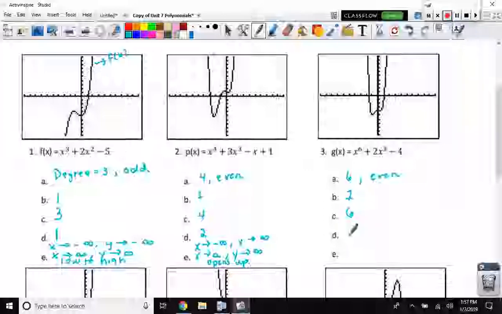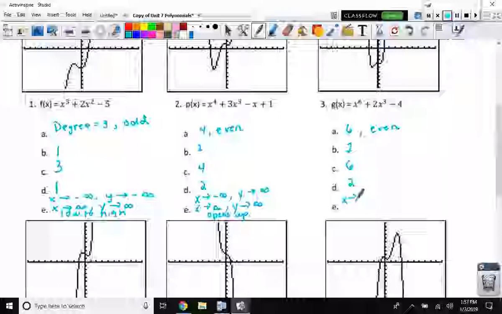Katie? 2. End behavior as x approaches negative infinity, what do I know about y? Sam? You are correct. And as x approaches positive infinity? Same thing. So it opens up again, right?